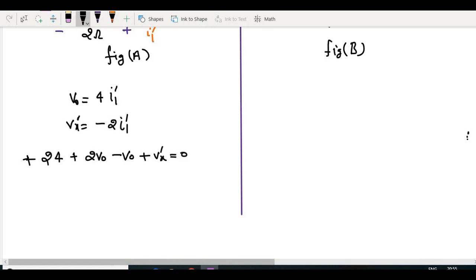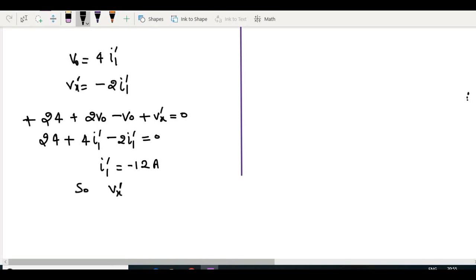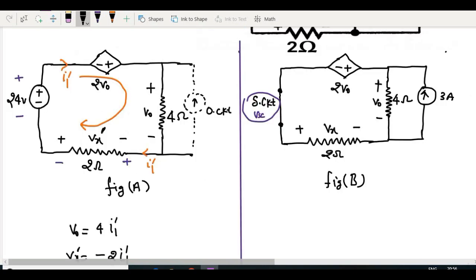Putting the values, Vo is 4 times I1 dash and Vx dash equals minus 2 times I1 dash, equal to 0. From here I1 dash is equal to minus 12 ampere. So Vx dash is equal to minus 2 multiplied by minus 12, which equals 24 volt.